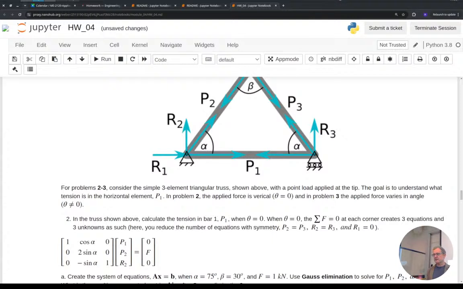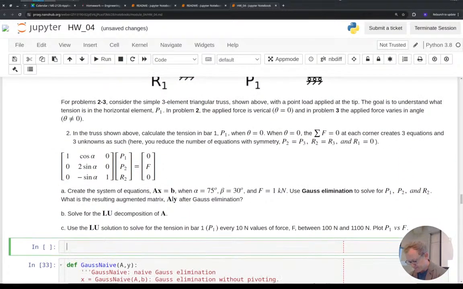And for statics, you could do this even for a big truss problem, if you had tons of internal and external reaction forces. It makes setting it up a little harder.